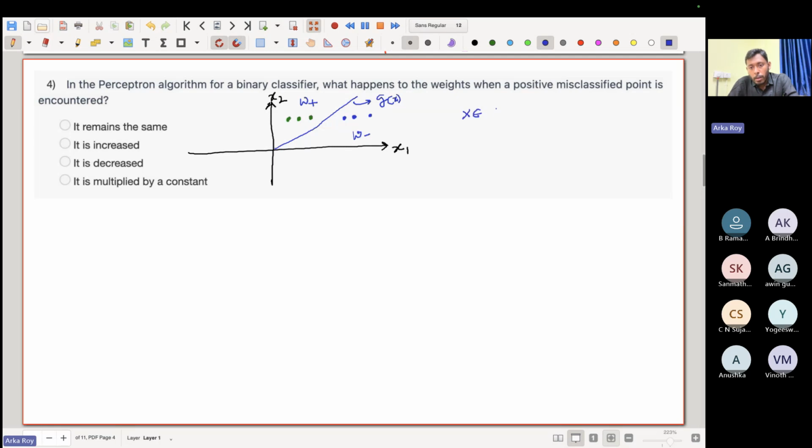So x belongs to omega 1 when g of x1 is greater than g of x2. Similarly, x belongs to omega 2 when g of x2 is greater than g of x1.